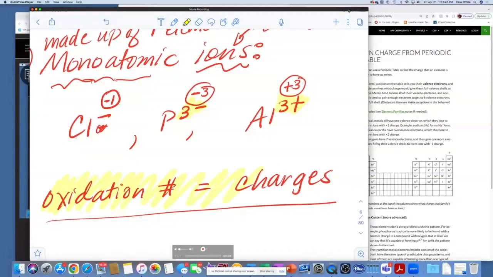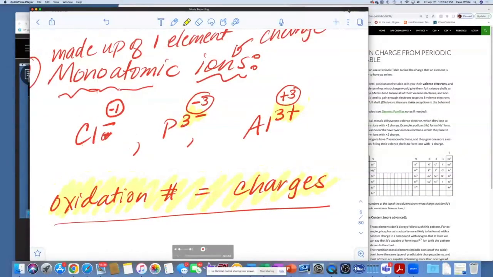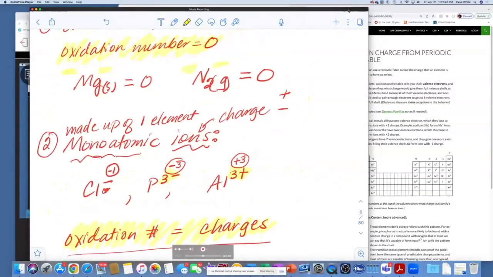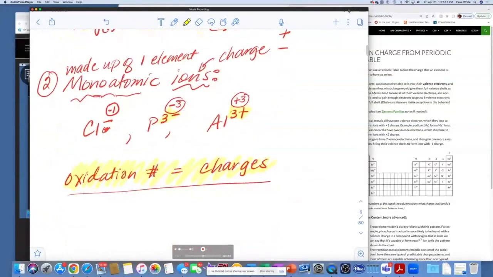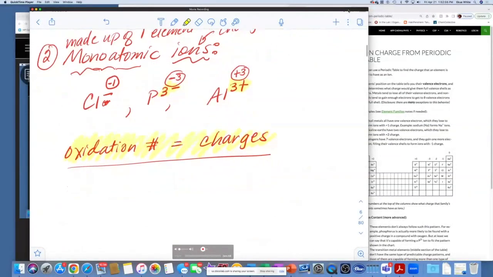for rule number 2. Okay, so by themselves, the elements have oxidation numbers of 0. If they are monatomic ions, the elements have an oxidation number that matches the charge. Okay, rule number 3. Ooh, rule number 3 has to do with compounds. I shouldn't really say compounds, but it has to deal with polyatomic situations, right?